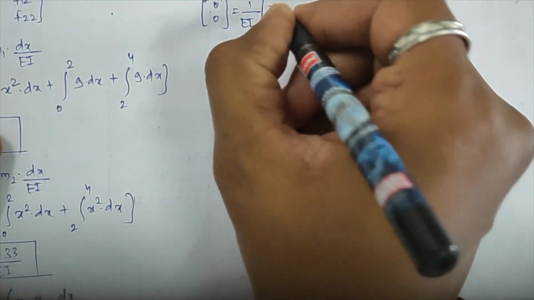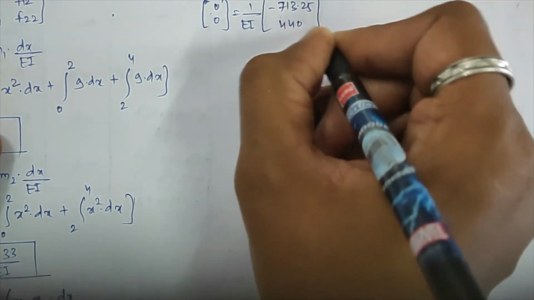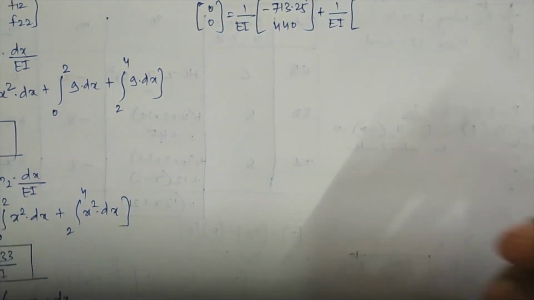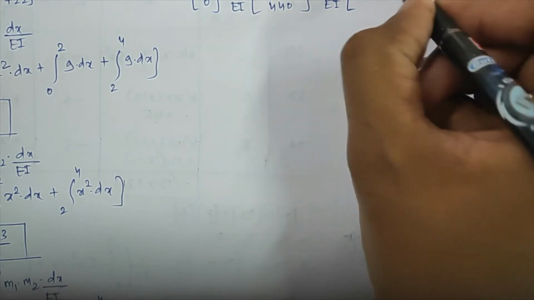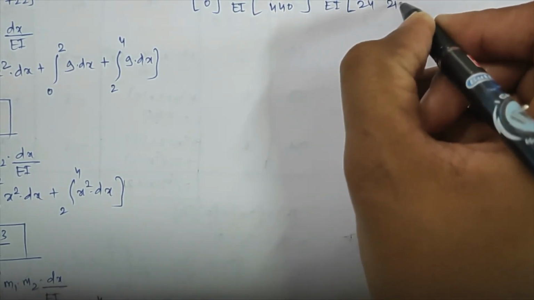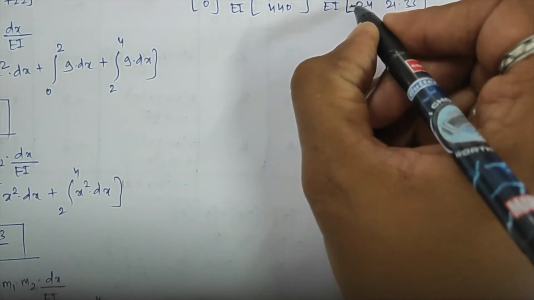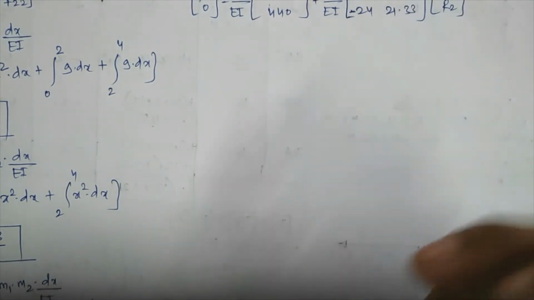So minus 713.25 and 440 plus 1 upon EI will come common from your flexibility coefficients. This I have got as 45, 24, 24 and 21.33. This I am getting negative over here, minus 24, into R1 and R2.